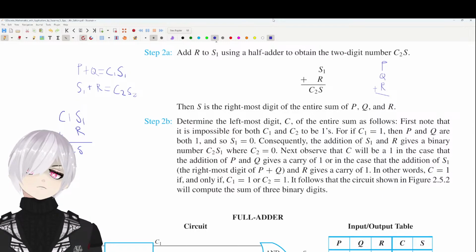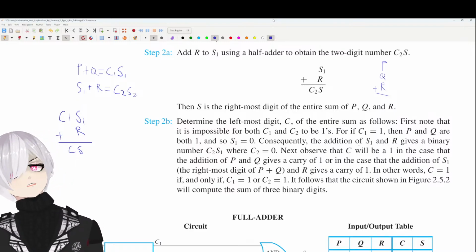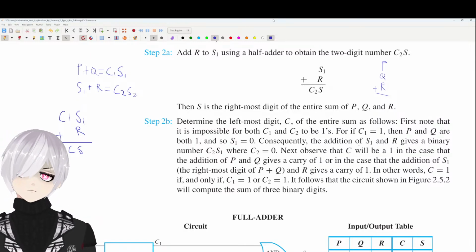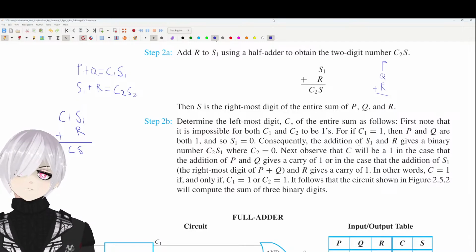So our whole sum is just going to be S2, which we can write as 0 S2 since we're using two digits. So our C, the leftmost digit of the two, is going to be 0 when they're both 0. So when C1 or C2 is 1, C is 1, and when C1 and C2 are both 0, C is 0.